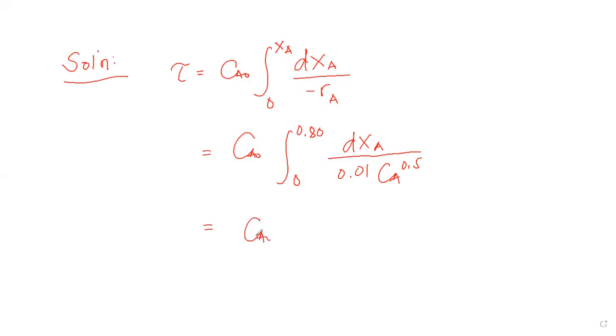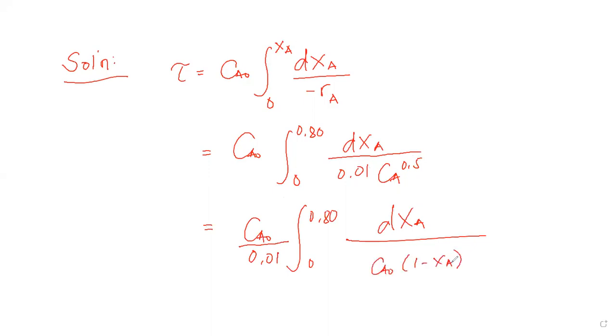So CAO, we have 0 to 0.8 would then be, you can actually place the 0.01 in here before the integral because it's a constant just like CAO, and you can rewrite the CA into CAO times 1 minus XA over quantity 1 plus epsilon A XA. The entire expression will be raised to 0.5 because here it's being raised to 0.5.